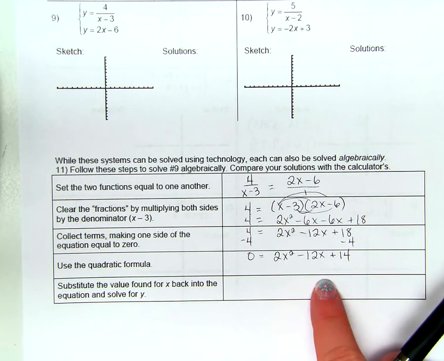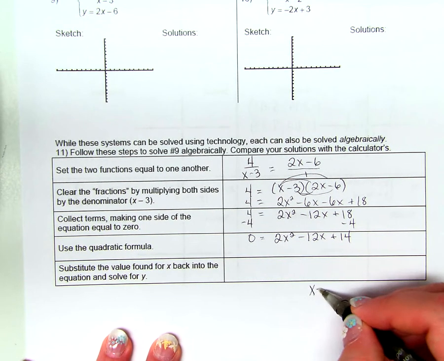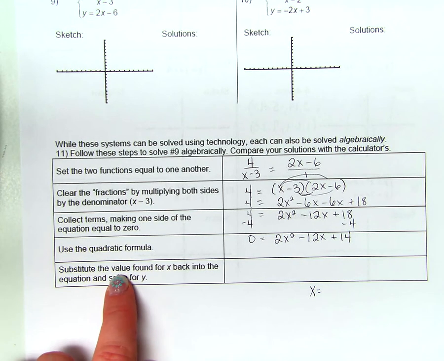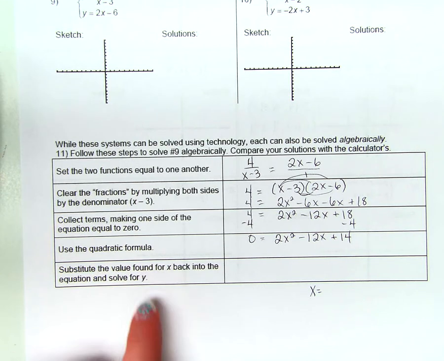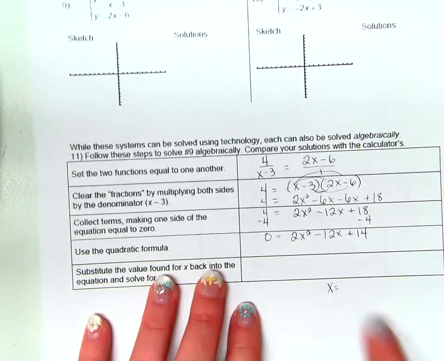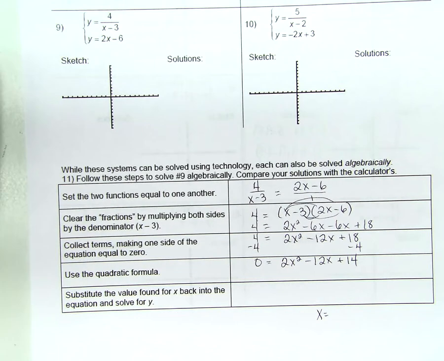Okay, once you find the x value, when you get to the end of the quadratic formula, you're going to get x equals something. You might get x equals 2 different somethings, and you probably will actually, unless it's exactly the same number. But you're going to have to substitute that value or those values back into one of these original equations to find the y value. Because right now we don't have any more y's. We eliminated the y's when we set these two equations equal to each other.